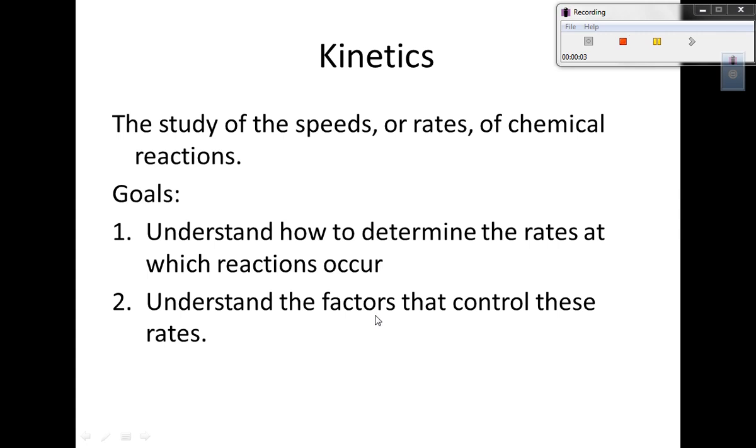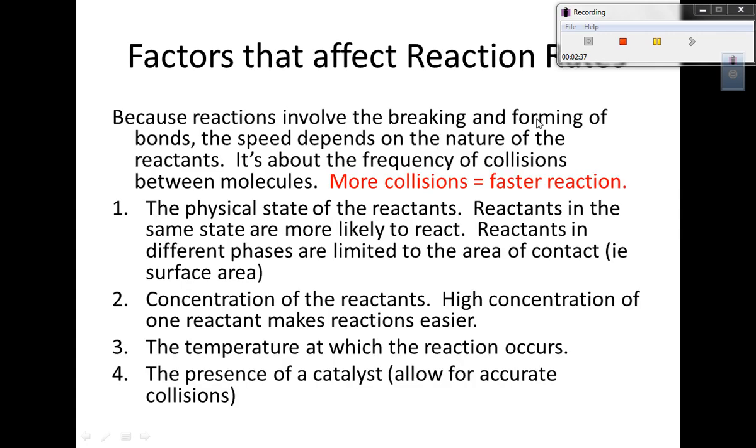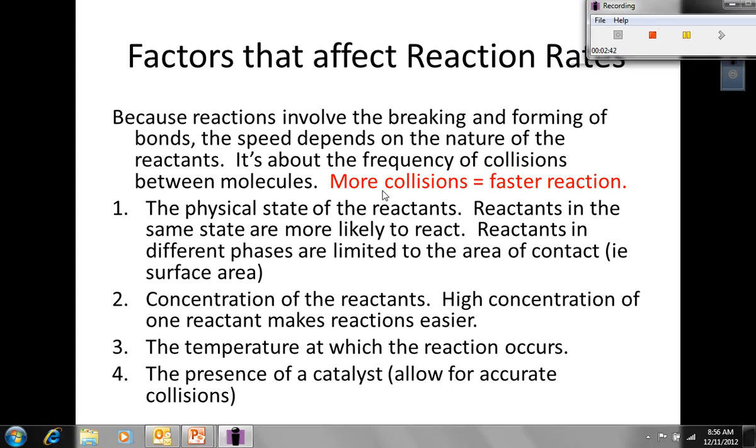Okay, so we are talking about factors that affect the rate of the reaction. Okay, because reactions involve the breaking and the forming of bonds, because that's all a chemical reaction is. You break the bonds of the reactants, you form bonds in the product. All right. The speed depends on the nature of your reactants, just like it depends on the nature of your car.